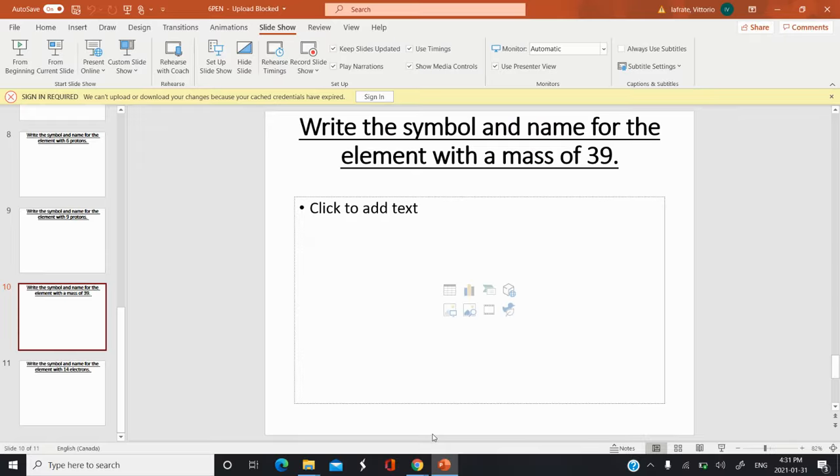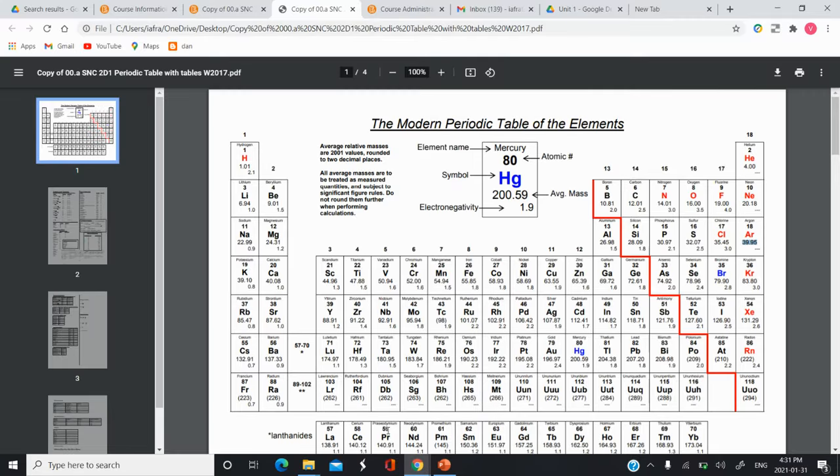Write the symbol and name for the element with a mass of 39. So be careful here. Here we told you the element has a mass of 39. So let's go take a look at our periodic table. That means that we're dealing not with the top number this time, we're dealing with the bottom number. If you thought that we're dealing with the top number, you'd say that we have yttrium, which is incorrect because, again, we're dealing with the mass.